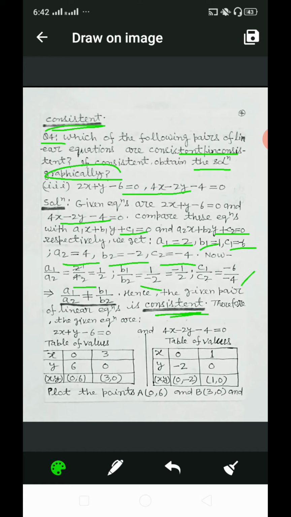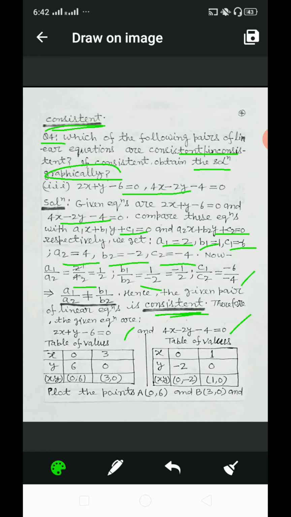we have the given equations are 2x plus y minus 6 equal to 0 and 4x minus 2y minus 4 equal to 0. Tables of values for 2x plus y minus 6 equal to 0.